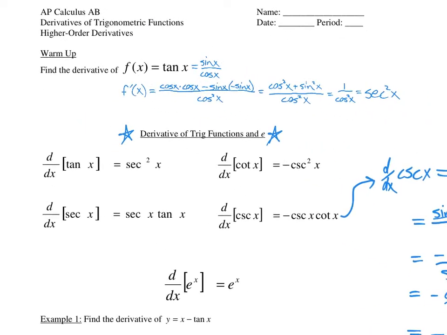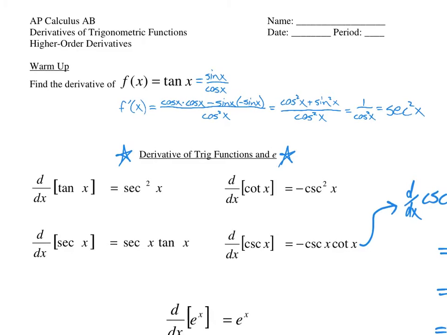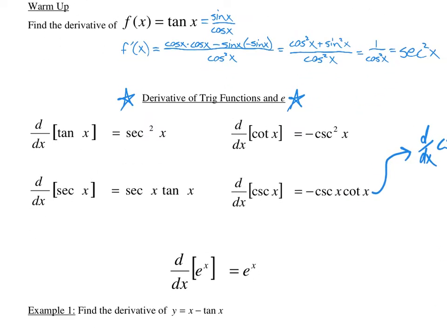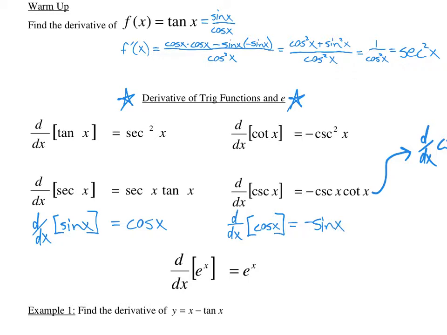Now, let's look at some patterns here with the derivatives, and I'm actually going to go ahead and list the ones that we already knew as well. The derivative with respect to x of sine of x is cosine of x, and the derivative with respect to x of cosine of x is a negative sine of x.